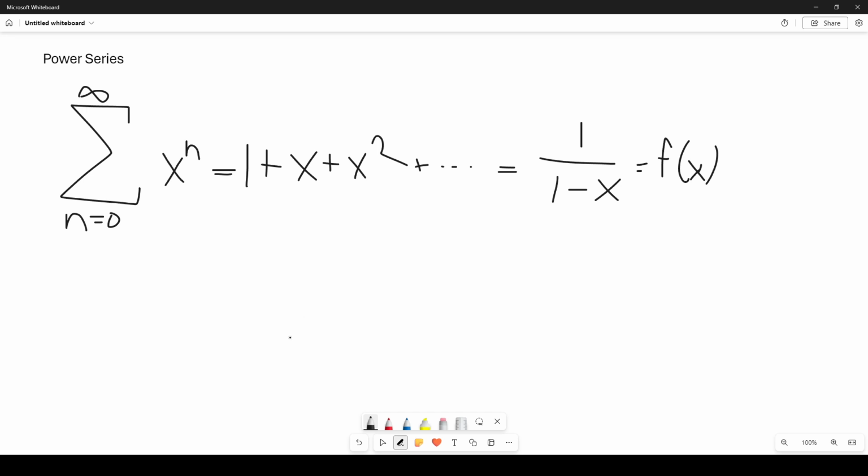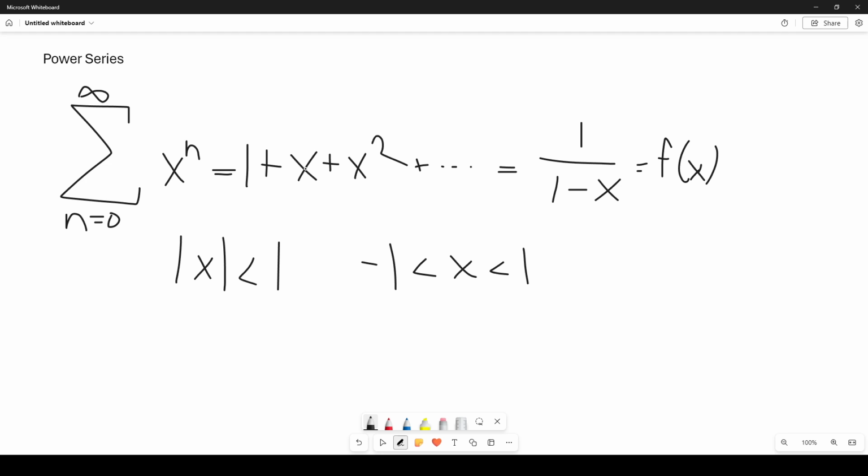Now you might remember that the geometric series formula only works when the absolute value of our ratio, or x, is less than 1. That is to say that negative 1 is less than x is less than 1 here. And if you look at our equation, this actually kind of makes sense.